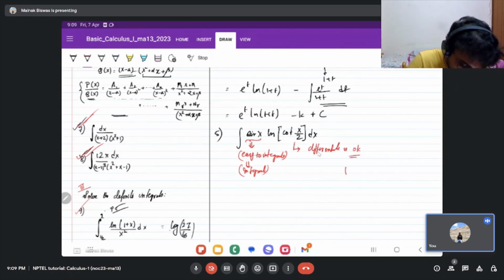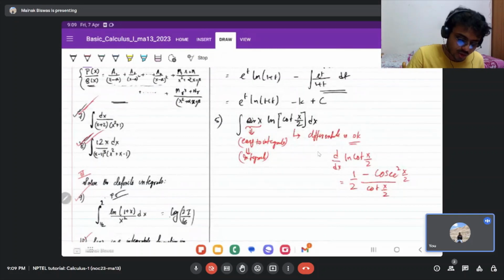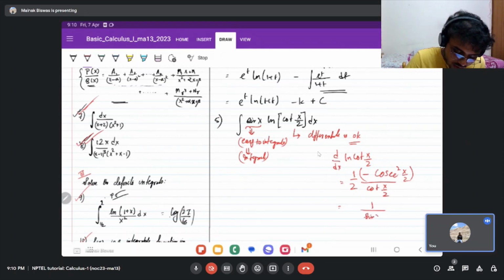So let's see, log of cot x by 2, if you differentiate, you get 1 by cot x by 2. The derivative of cot is negative cosec square x by 2 into half. So you can write it as 1 over sine square x by 2 into cos x by 2 over sine of x by 2 into half.